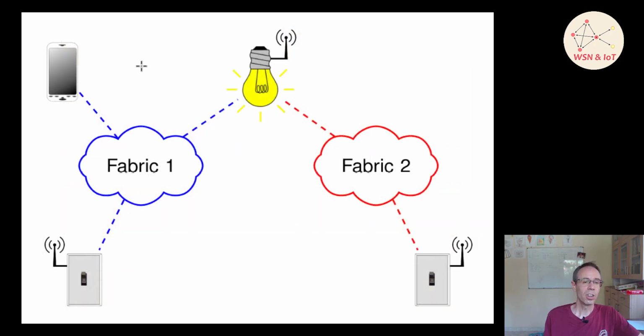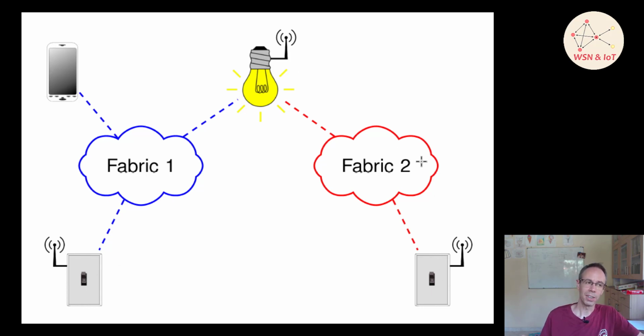The next feature which Matter has is multiple fabrics. This is important for interoperability. A lamp, for example, can belong to two fabrics. This means it then has also two node IDs and two node operational certificates, and can be controlled from two different networks, Matter networks.